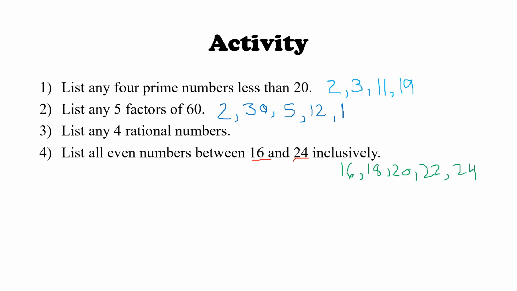And that is what inclusively tells us. We have to include the 16 and the 24 because they are also part of the given range or the given domain that we are asked to list. If we don't know what this word inclusively means, sometimes we just stick to the between, and we exclude the 16 and the 24. You have to be careful. That's why we need to know these terms.